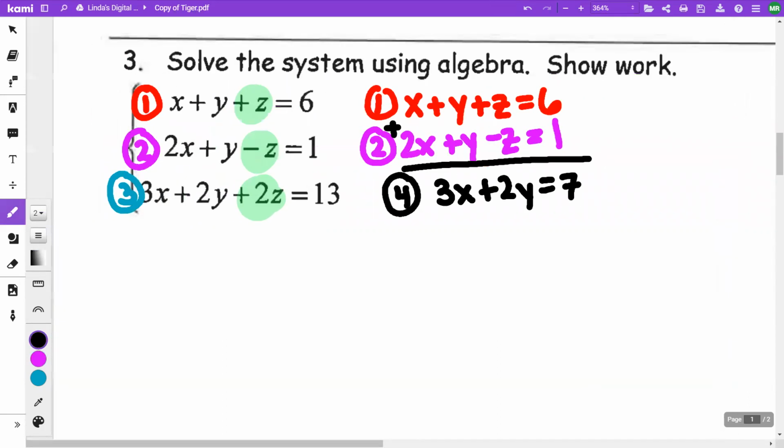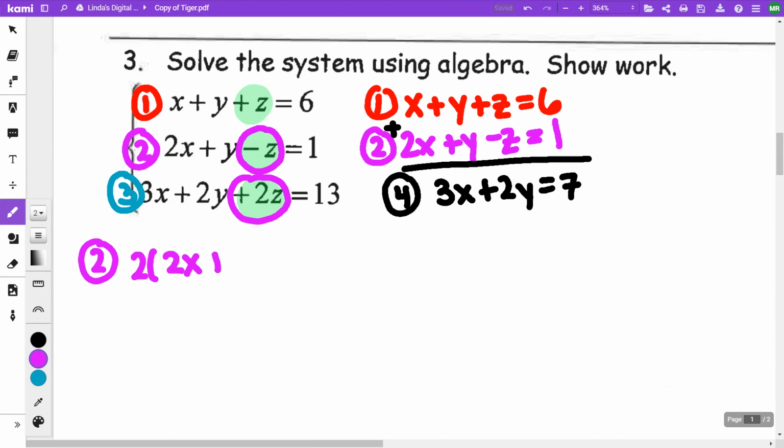So I am going to actually use 2, but this time with the 2, I'm going to try to get this to become a -2z. So that will get rid of this +2z. So I am going to times equation 2 by 2. So let me just write the equation.